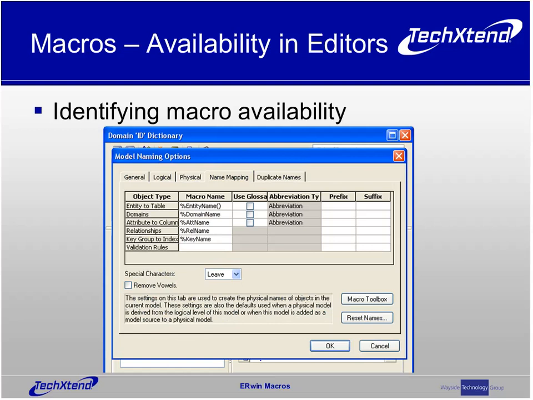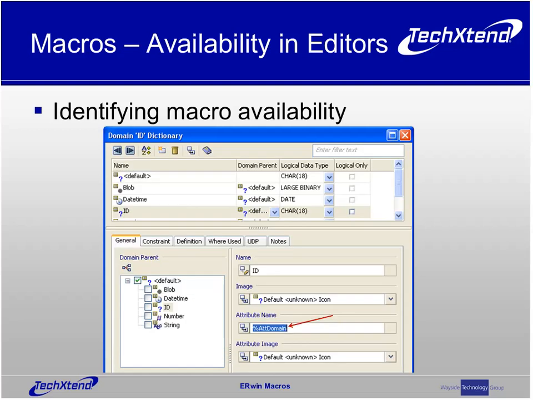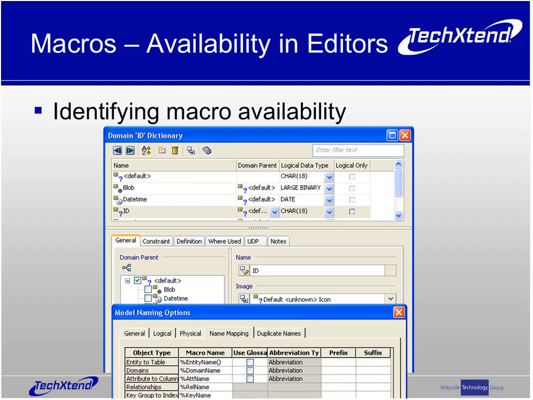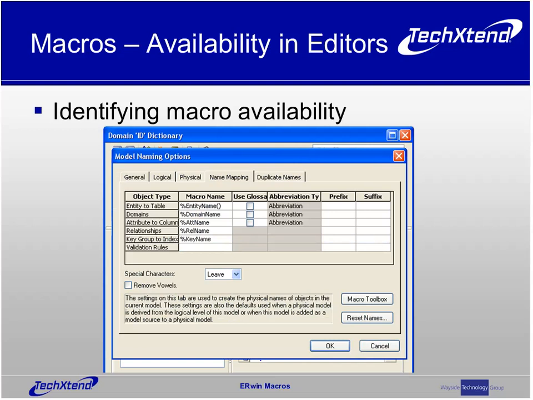This is in the model naming options. As opposed to the first screenshot, where we were looking at a domain object and the mapping from the attribute name that inherits from the domain, this is the model naming option. These are the default rules for your objects at the highest level, the model level. We have a rule for entity to table mapping, which is the entity name macro by default.